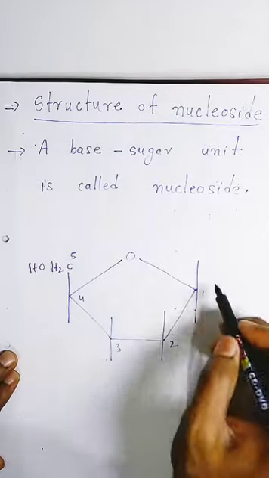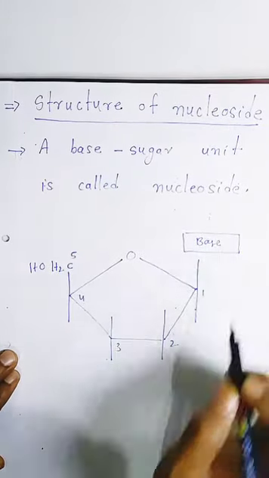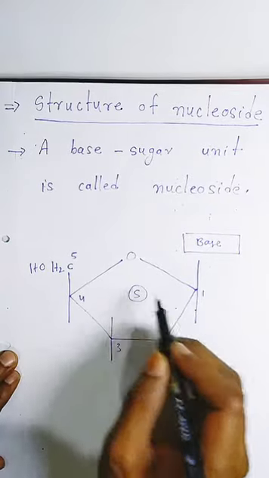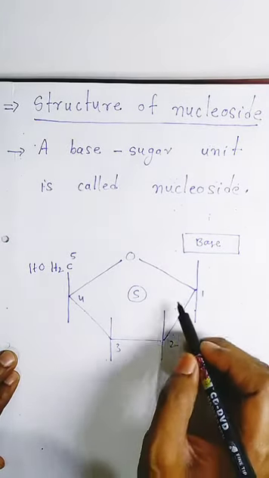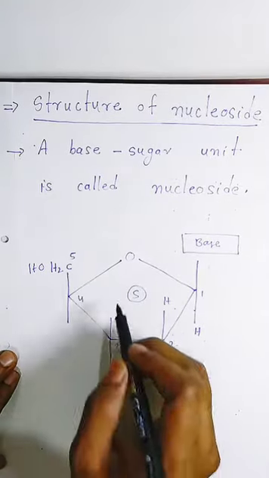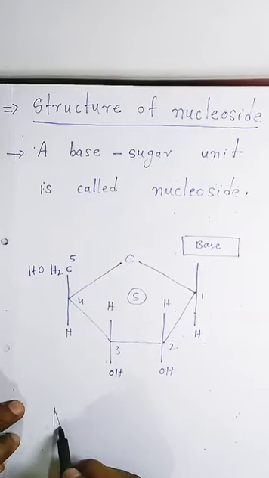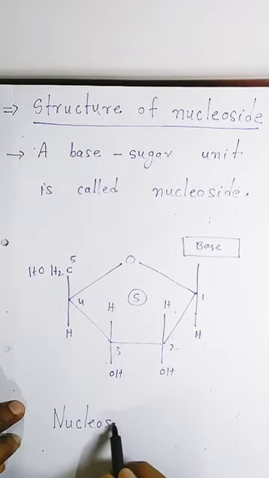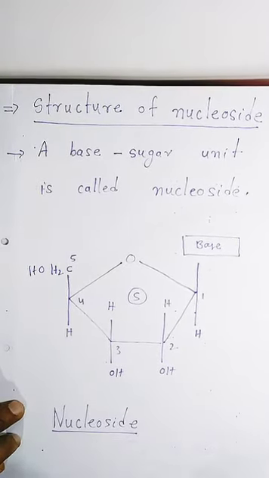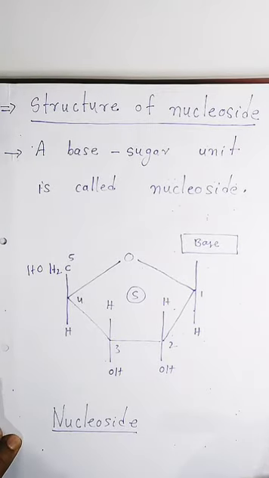Now students, at the carbon number 1 a base will be attached. So base and sugar, both together we call nucleoside. Now fill up the valency by hydrogen and hydroxyl group, H, OH, and H. So this is called nucleoside. Very simple, students. For a 2 marks question in the board examination, if they ask to write down the structure of nucleoside, write it this way and you will get the full marks.